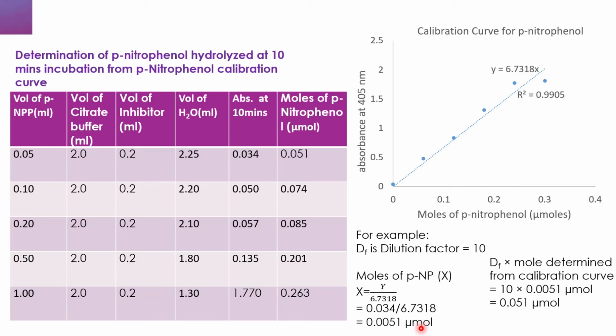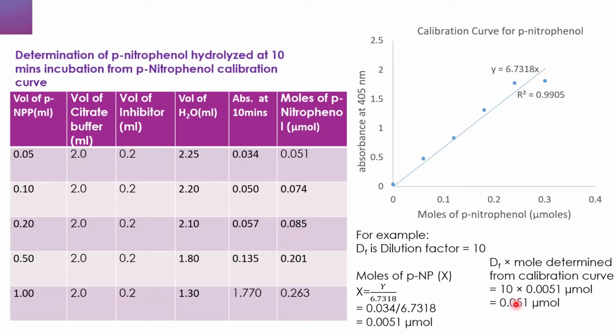But what we also have to note, and this is very important, is that we used a 1 in 10 diluted enzyme. So to determine the actual moles of p-nitrophenol hydrolyzed by our enzyme at the 10 minutes of incubation, we will have to multiply the obtained moles by our dilution factor, which is 10.